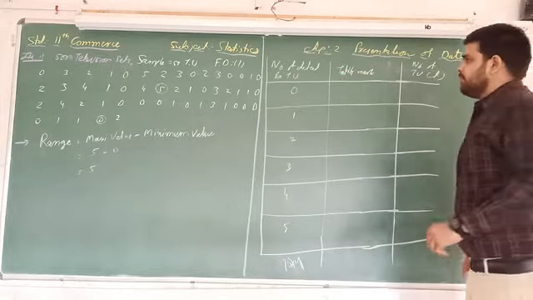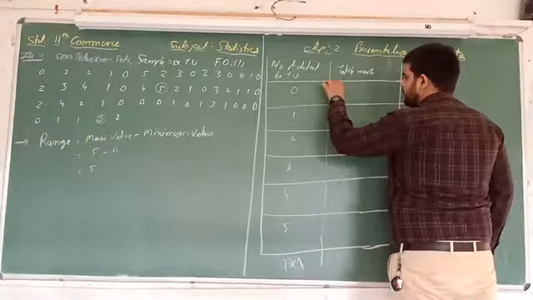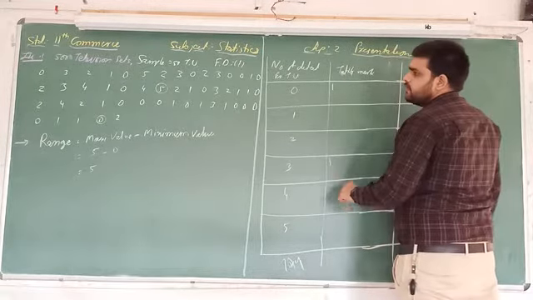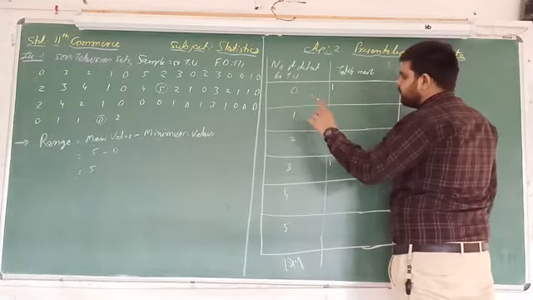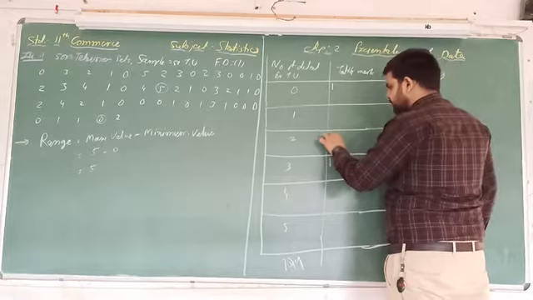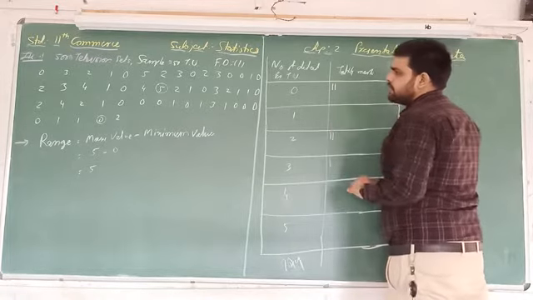First of all 0 0, then 3. Then 0, then 2, 0, then 2, again 2 and 0. The first column is over.